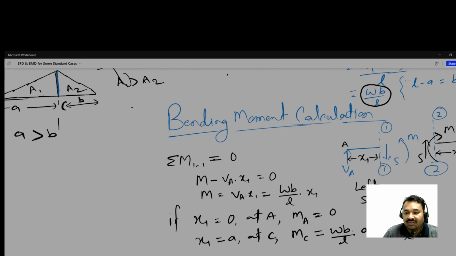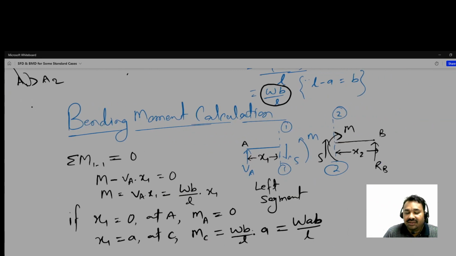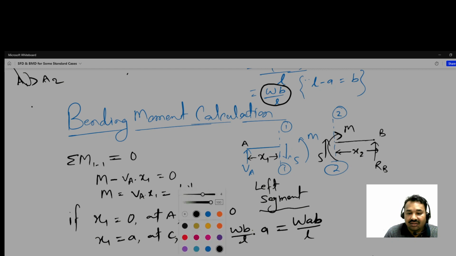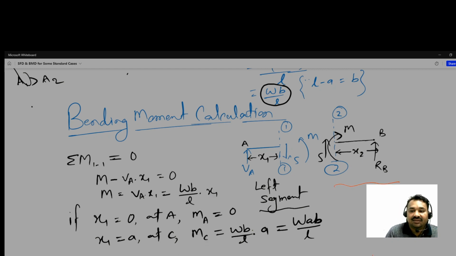Now this is with the help of the bending moment diagram by cutting the beam. So this is the left segment and this is the right segment. So what did we do?